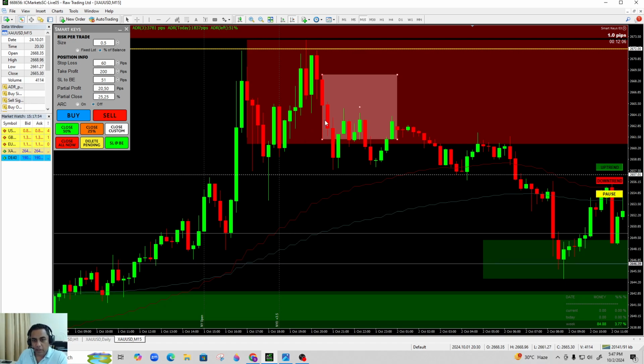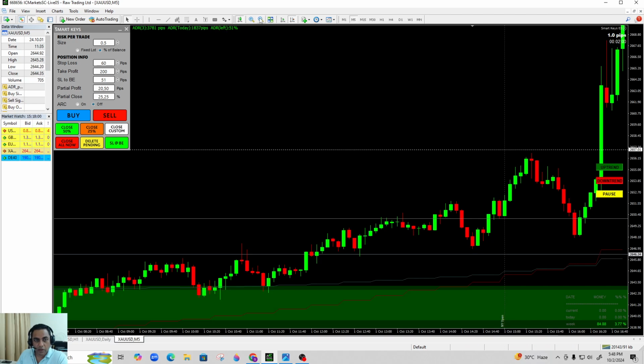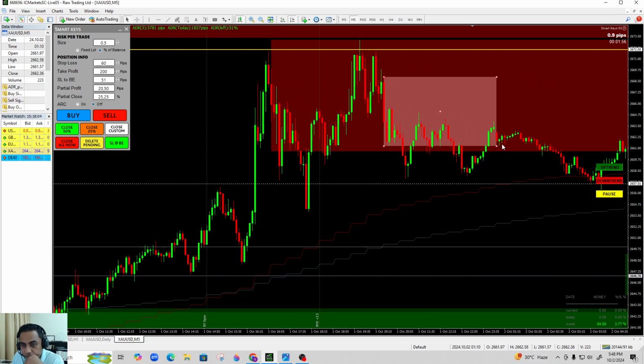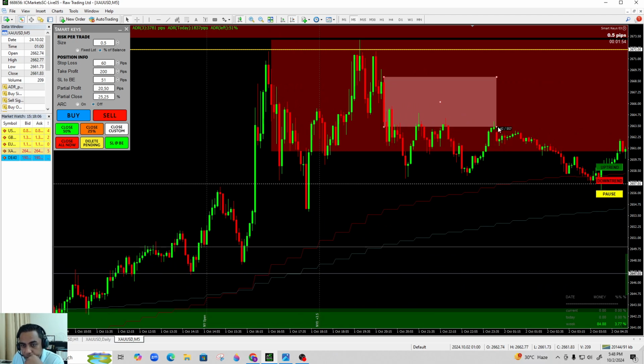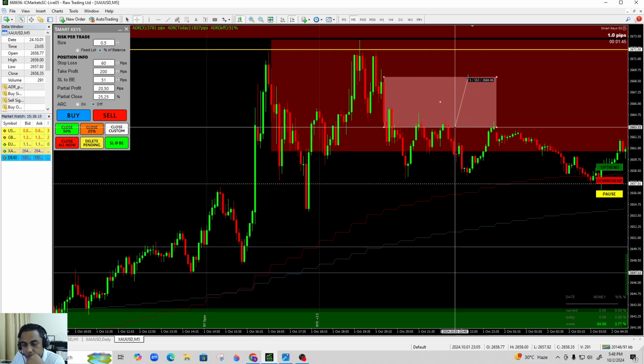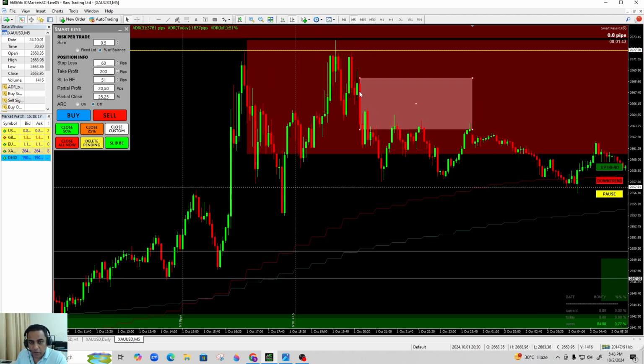I'm going to mark this candle like this. I can't make it any smaller unless I go down to the 5-minute time frame. Yeah, that's better. That candle on the 5-minute is very clear, right?